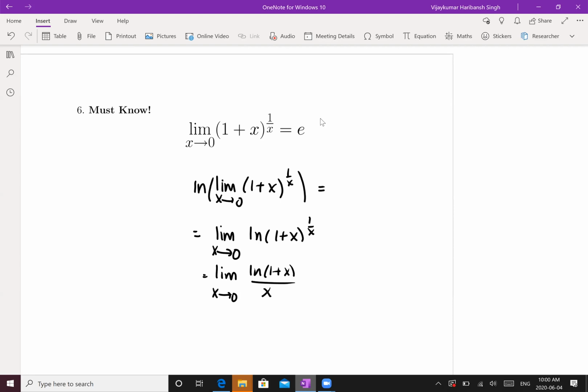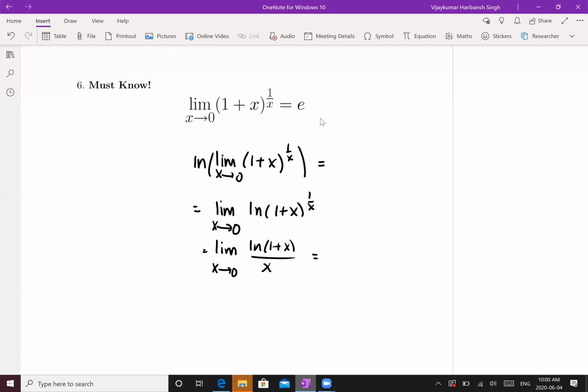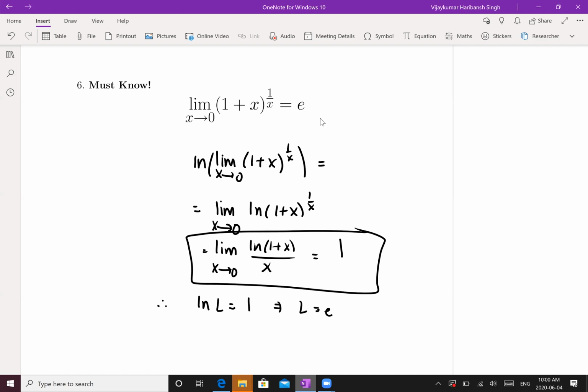Later on, you'll be able to see that this limit is 1. We'll see that later. Why is that the case? Therefore, what do we get? Ln of this limit L is 1. This implies L is e. So we will get to the details of this when we do L'Hopital also.